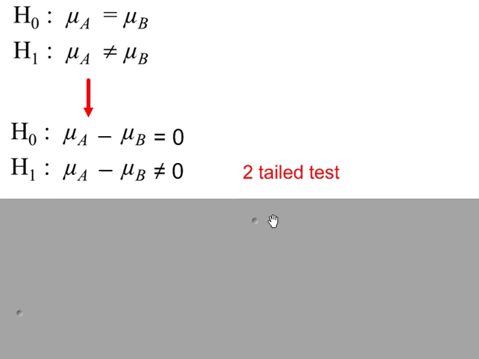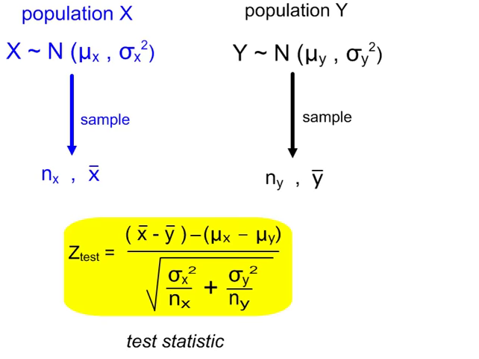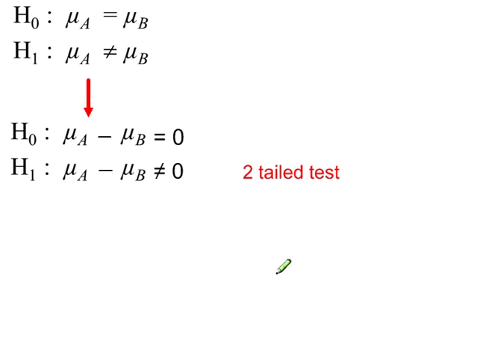So H0 and H1, which we can write in this form, which is more useful. In the test statistic formula, we need to work out this value, which in this case will be 0.